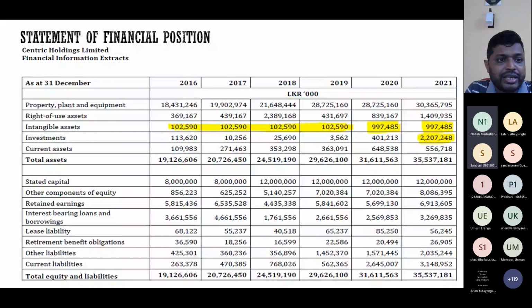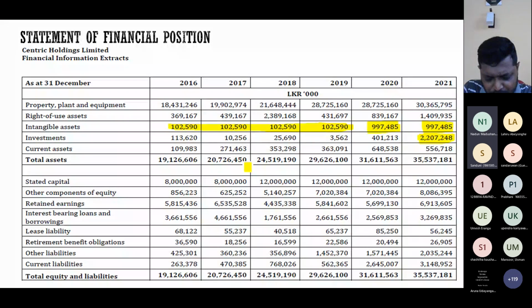Then the balance 45% of the equity is allocated to Centric Holdings, right? What has happened to that investment? This one we call Kandegama Power Company. CHL has acquired it. Then it should be an investment where it has been recorded. You have to recognize it. You have to think about it.